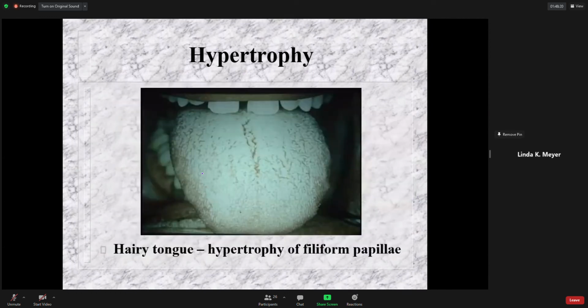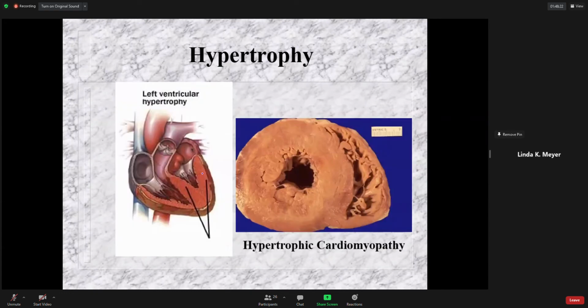It can apply to the smooth muscle of the uterus. So like in pregnancy, there's going to be more of a hypertrophy of the smooth muscle lining the uterus.